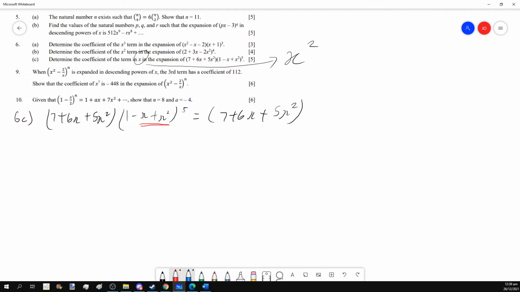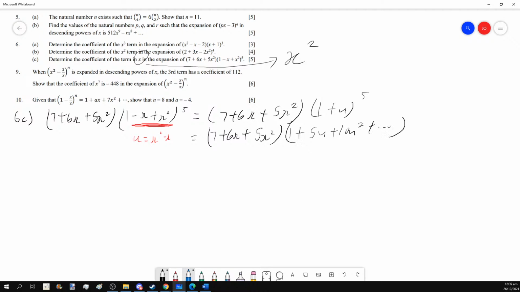In this case, looking at the last two objects, I can let u equal to x squared minus x. And this gives us 1 plus u power 5. From here, it will be simple enough to open everything up. I will use Pascal's triangle. We will have 1, 5, 10, and then the rest are irrelevant because the question only cares about x squared.